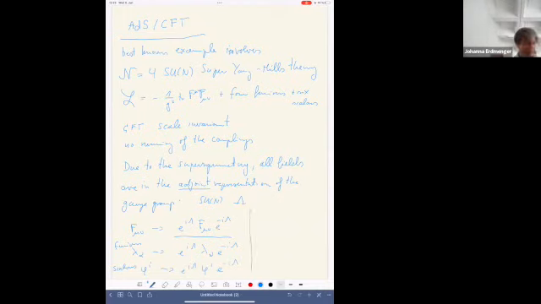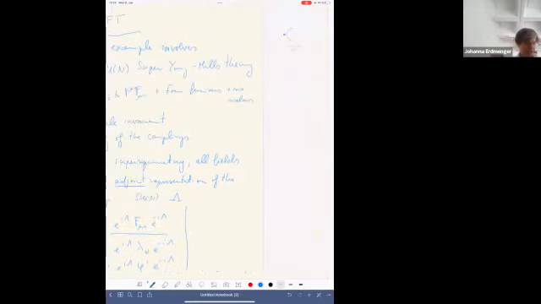And now I have to contrast this with QCD. QCD is a different gauge theory. It also starts with the field strength tensor, but then I have some fermions which are the quarks.